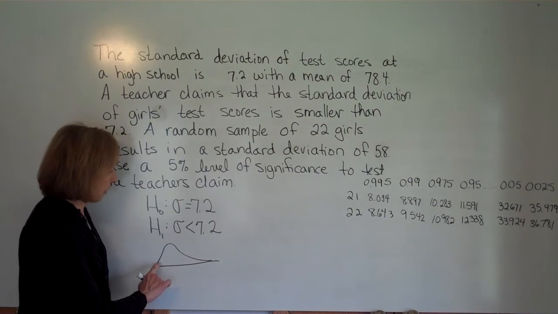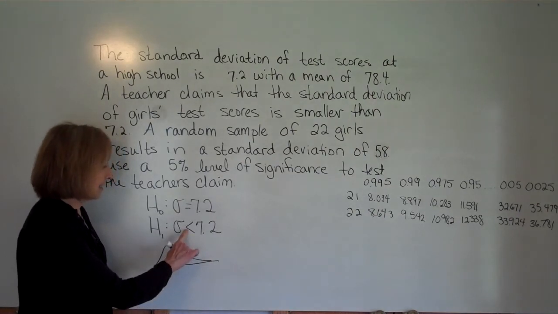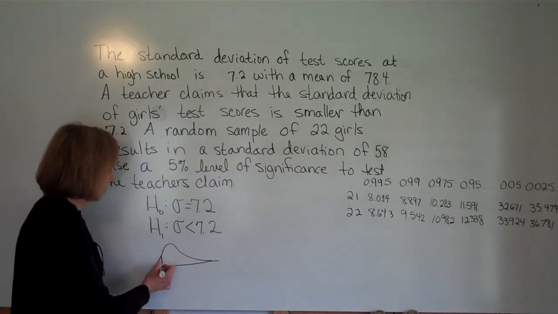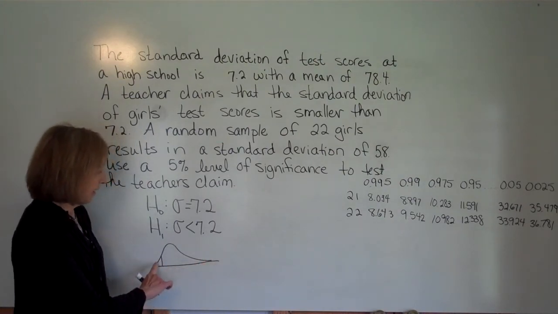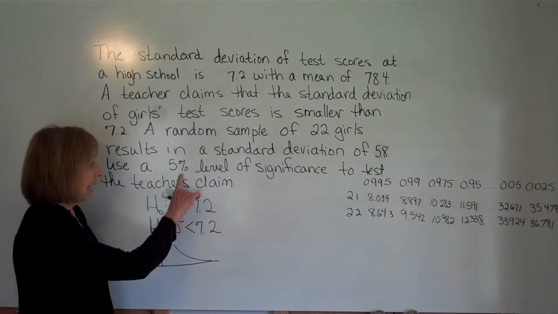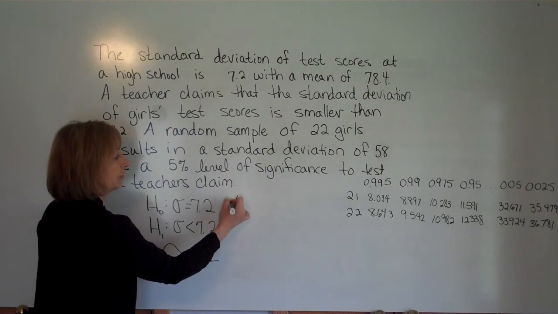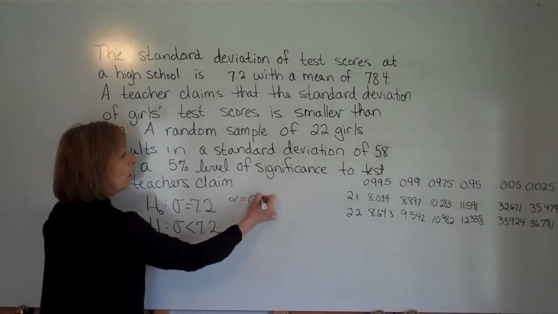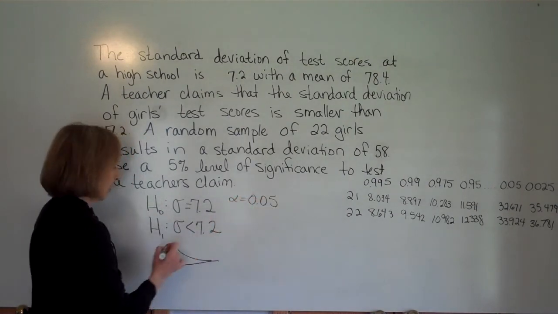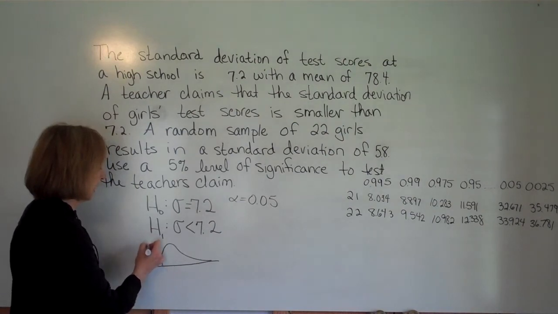And since this is a less than, it's the left tail test, and the curve approaches but doesn't touch the horizontal axis in both directions. So left tail test, and the entire alpha area, the level of significance, is your alpha. In a one tail test, all of that alpha goes in that tail.